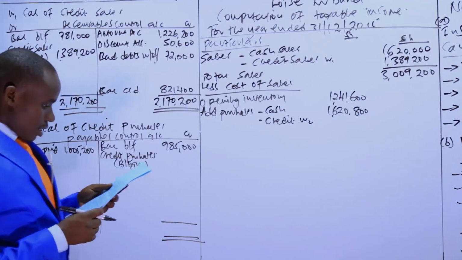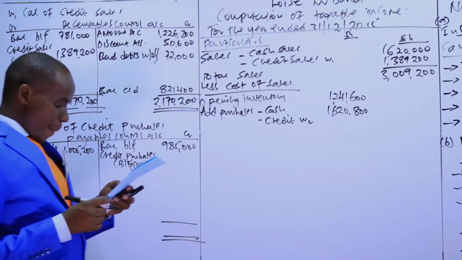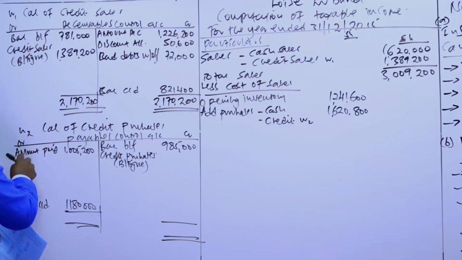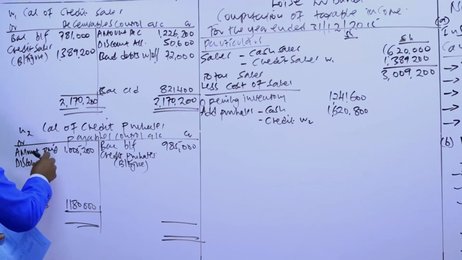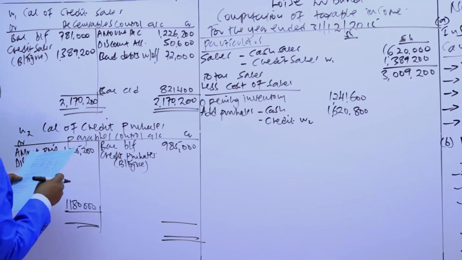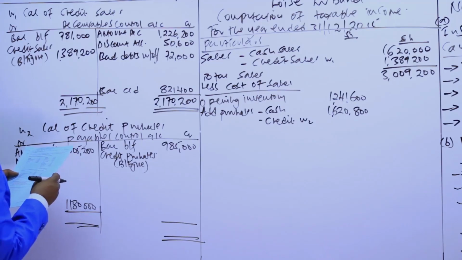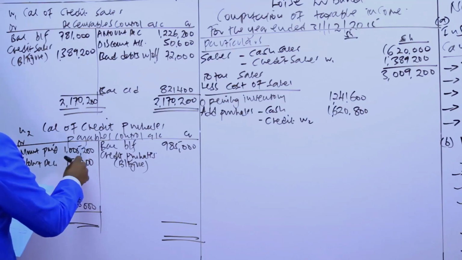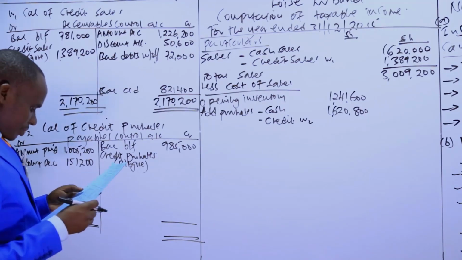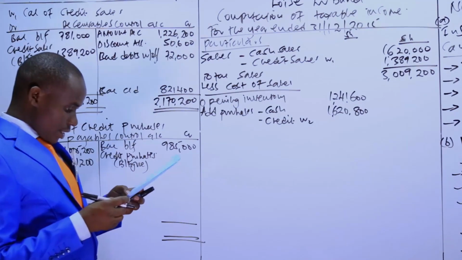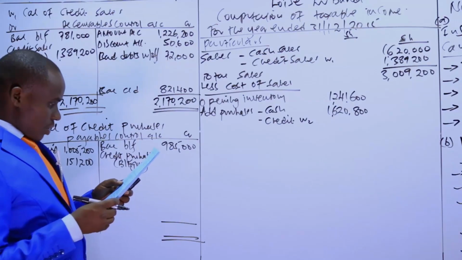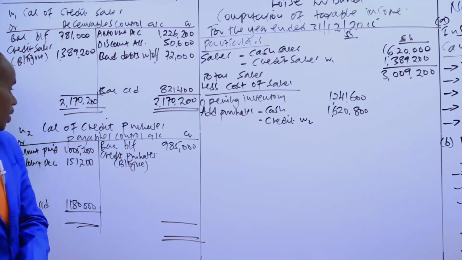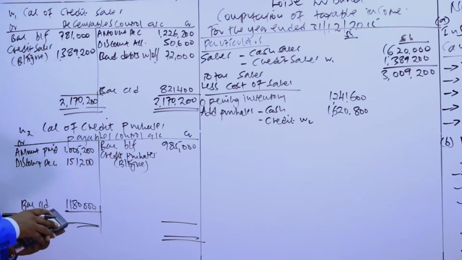Then we have note number 1, discount received from the creditors: 151,200. We do not have any other item that affects the creditors, so we balance out the account to get the credit purchases.